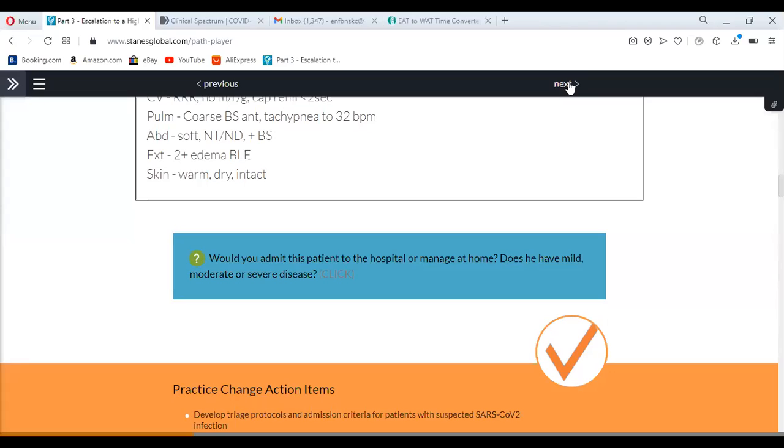Yeah, that's correct. And the other thing they should look at as a guide, because remember this patient was commenced on oxygen therapy before you even continued to get the history and continue with the examination. So that signifies this patient needs to be admitted at least.